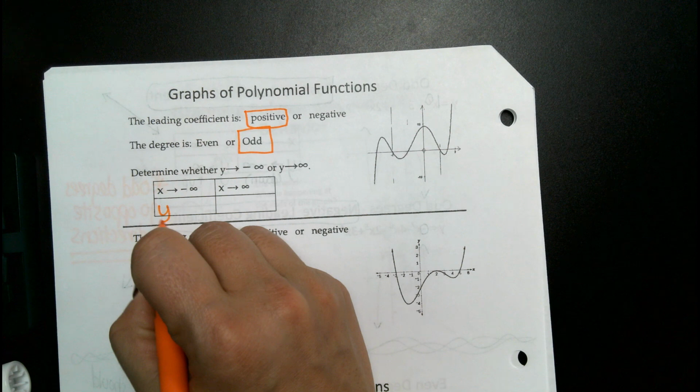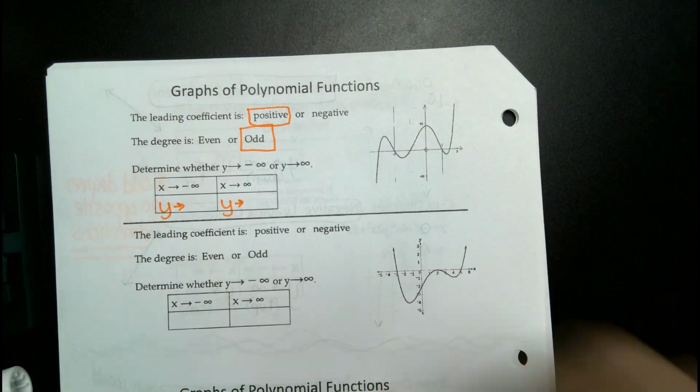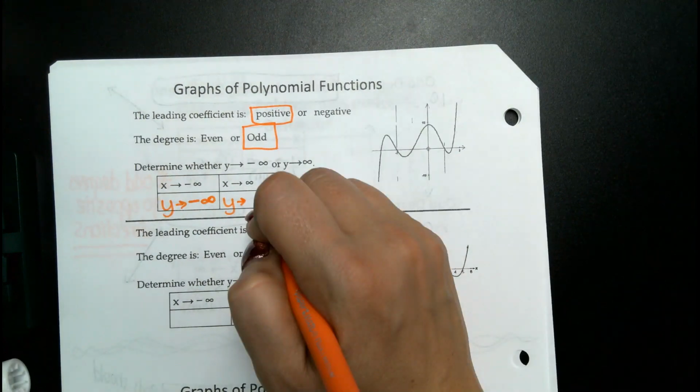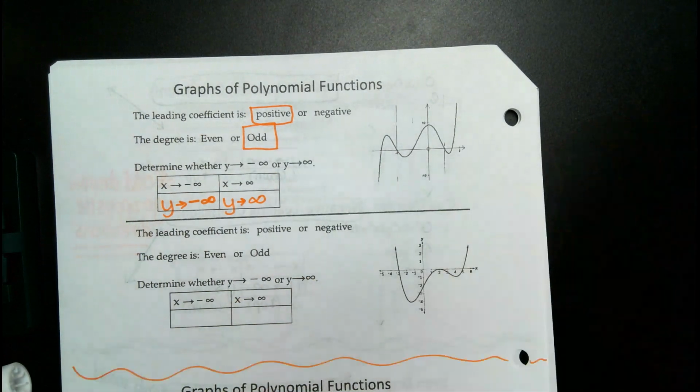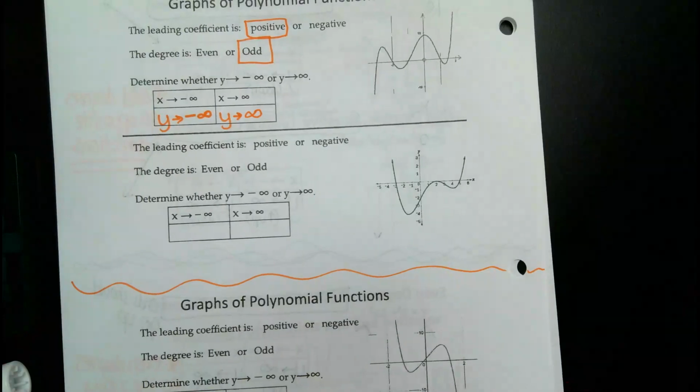So the y on the left side approaches what? Negative infinity, because it's going down. And the right, positive infinity because it's going up. Okay? Then the second one.